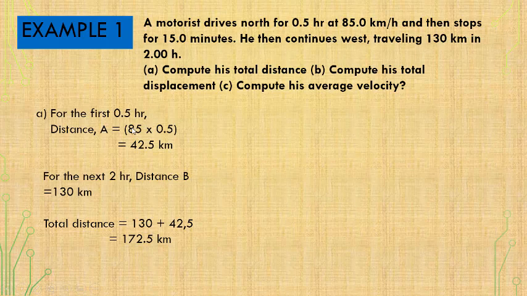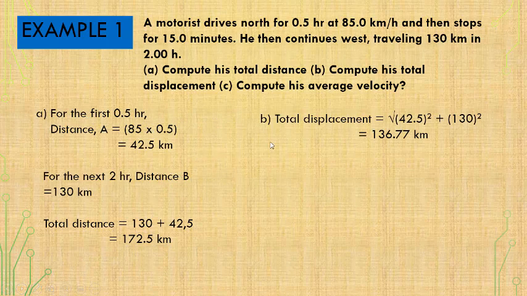So from the information, we can calculate the distance, which is 42.5 kilometers. For distance B, it is given to us that the motorist travels due west for 130 kilometers. So we sum up distance A and B to get the total distance of 172.5 kilometers.